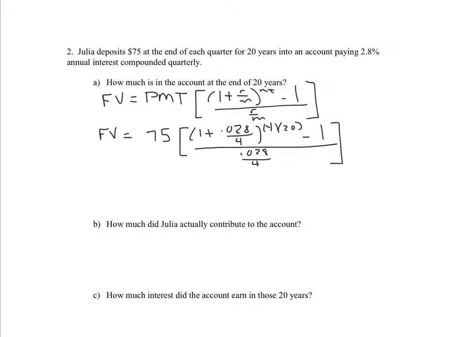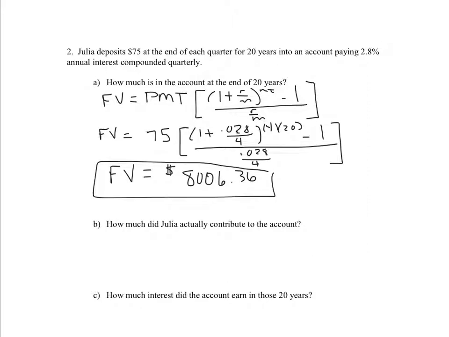Let's see if your calculator skills are up to par, because you should end up with $8,006.36. That would be the future value if you make that $75 deposit at the end of each quarter for 20 years at this particular interest rate.